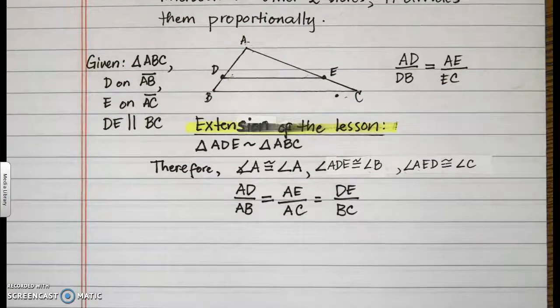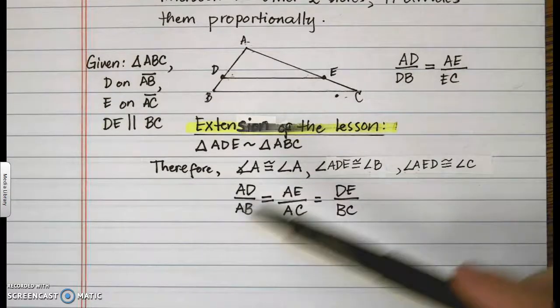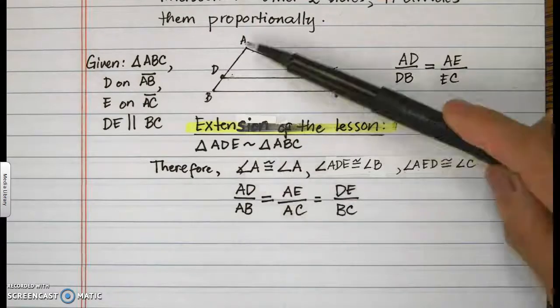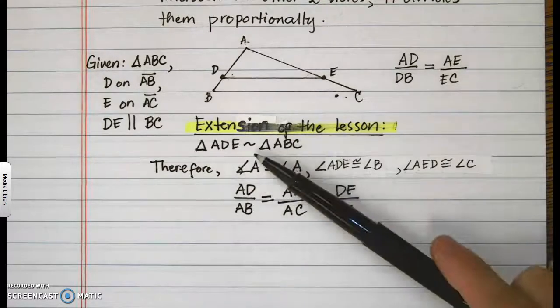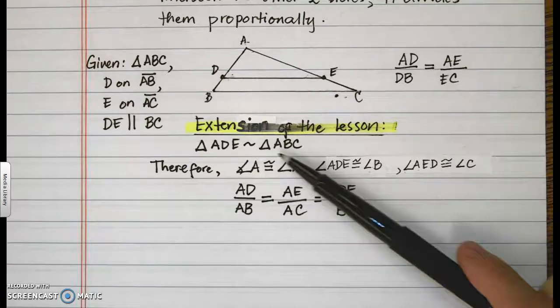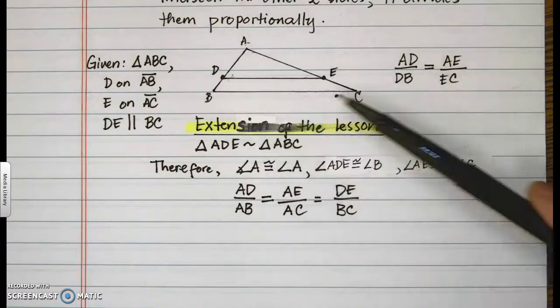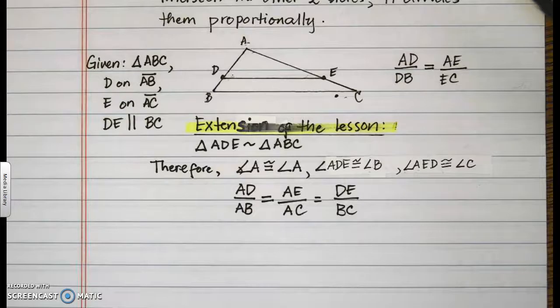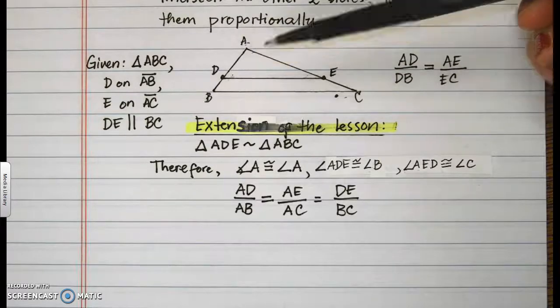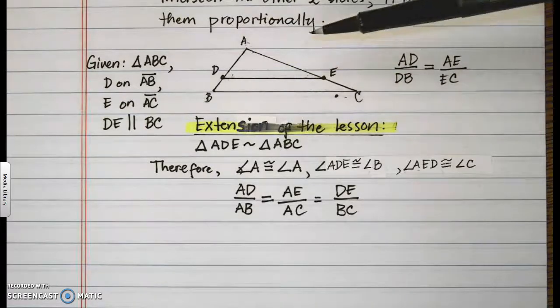I would like to extend the lesson by saying that triangle ADE is going to end up being similar to triangle ABC. And the reason for that is because I will be able to prove this using the AA similarity postulate.